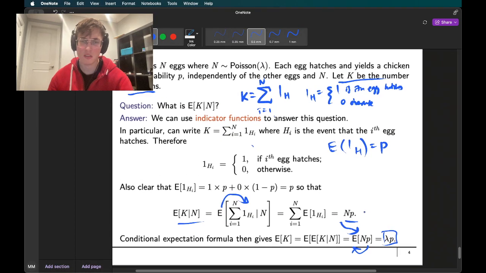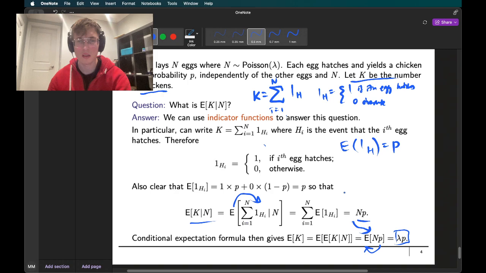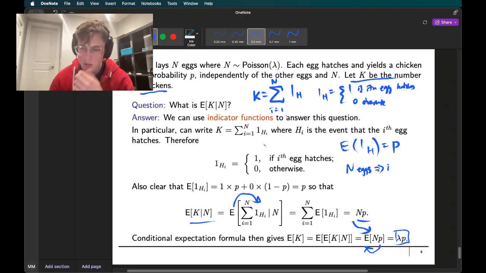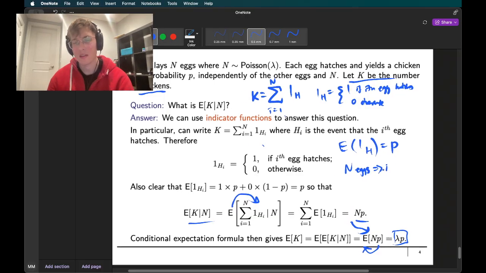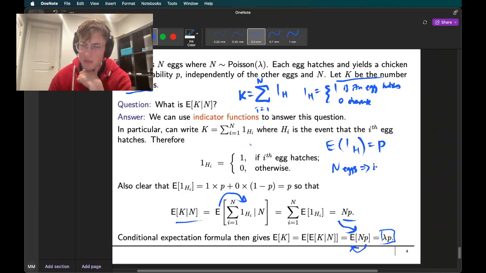As the professor explained, that also sort of makes logical sense. If you have N eggs in the beginning, and they're according to a Poisson distribution, on average, lambda. Let me think. Some of them are going to hatch, right?